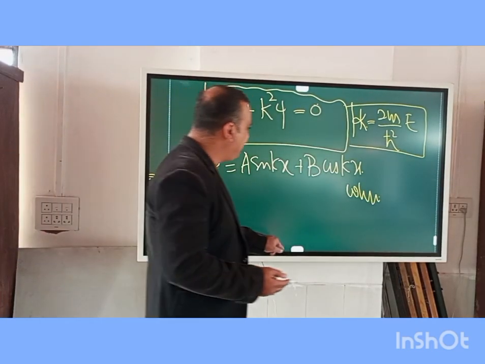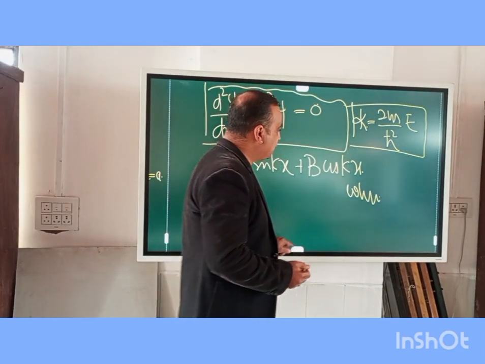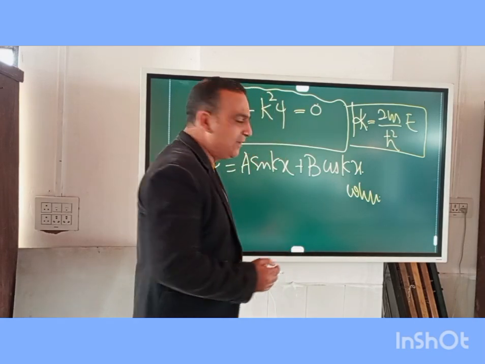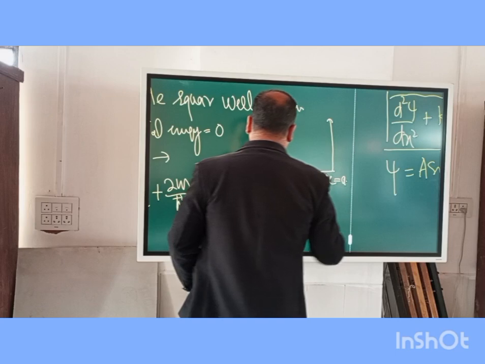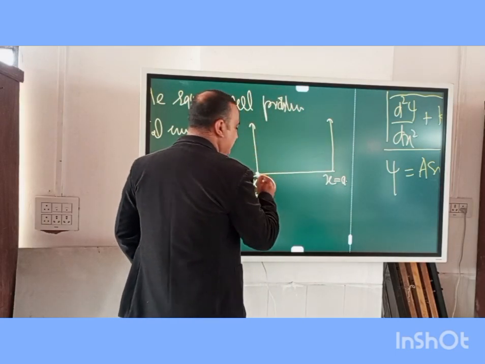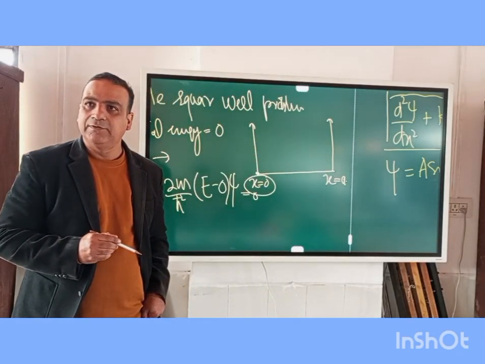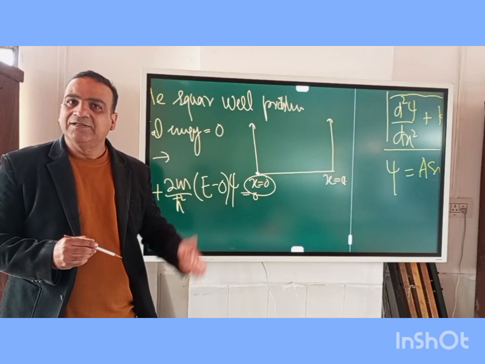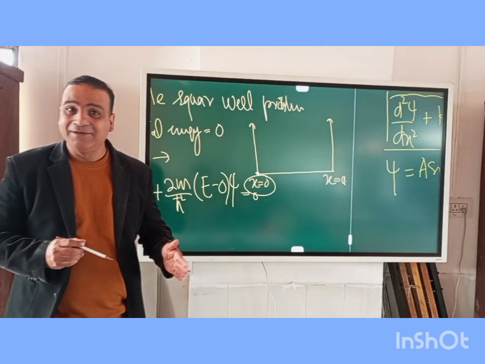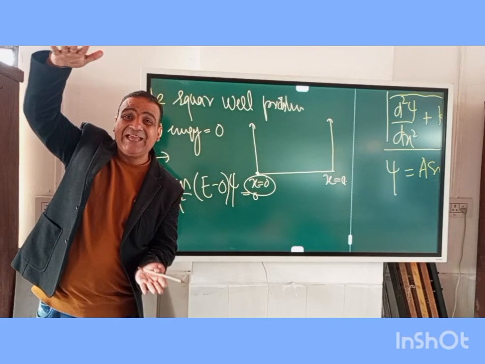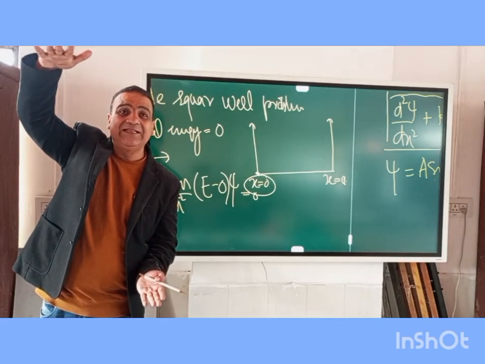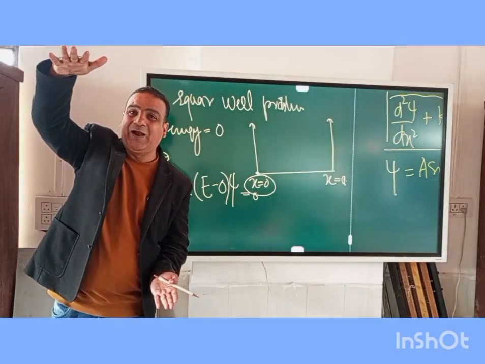We will use the boundary conditions to solve this problem. So what will be the boundary conditions? At x is equal to 0, psi is 0, because the potential is infinite. In future, you will see when you have a finite potential, then there is some probability for the particle.